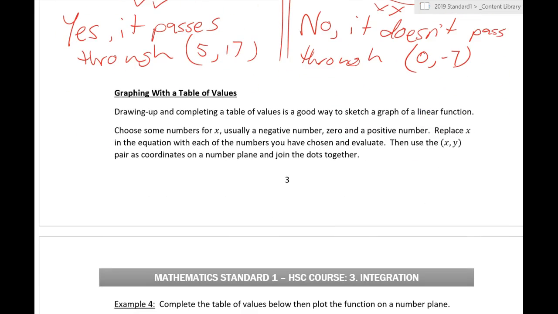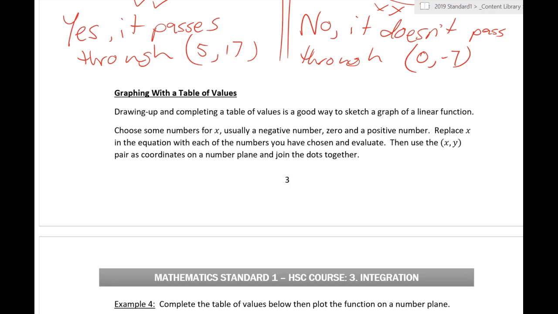Moving along now, if we have an equation and we have to sketch it, a good way to do this can be a table of values, which I'm sure you've seen before. So we draw up our table with x up the top, y down the bottom. Normally we'll just make up some values for x. It's a good idea to have some negative numbers, some positive numbers for x, and 0. At the very least, try things like negative 1, 0, and 1.